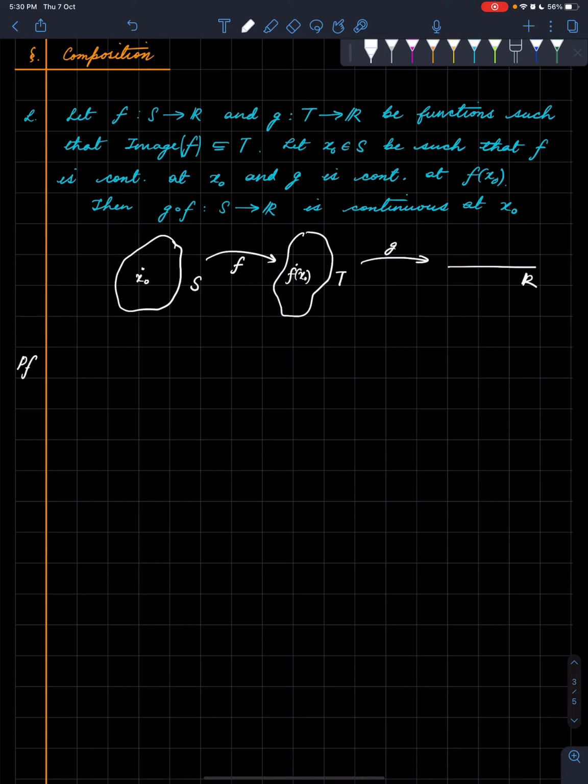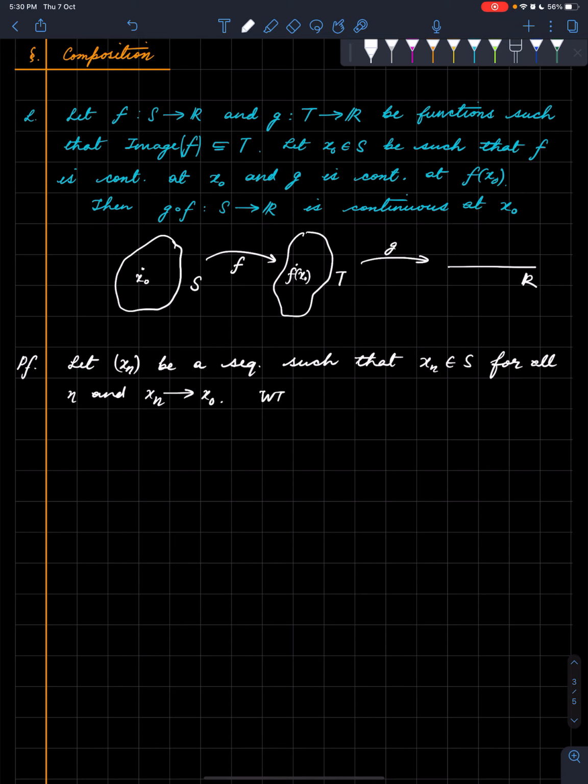The proof is very simple using the convergence criterion. So what we do is we fix a sequence xn such that xn is in S for all n, and xn converges to x0.